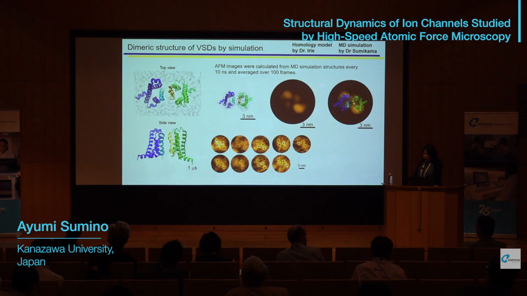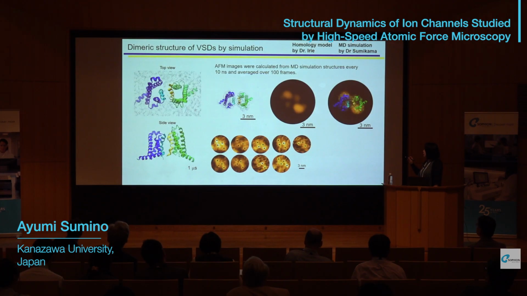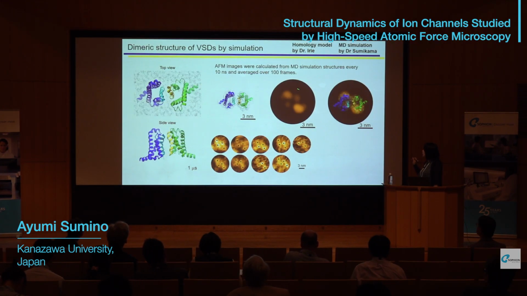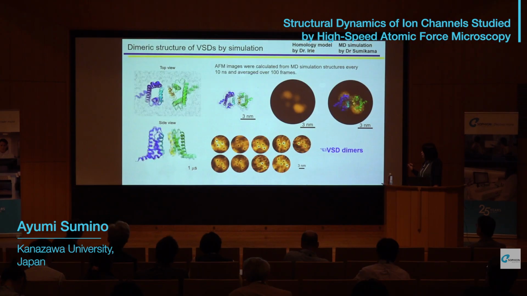Using this result, we calculated an AFM image from the MD simulation, and the simulated AFM image is very similar to the actual experimental image. So we concluded these 4 particles correspond to the voltage sensor dimers.